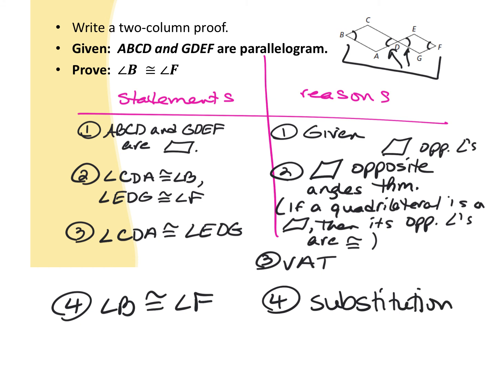Because if you notice up above, CDA equals B and EDG equals F. So all you're doing is taking the F and putting it here, and taking the B, which is equal to CDA, and putting it here, and that's how you get that.